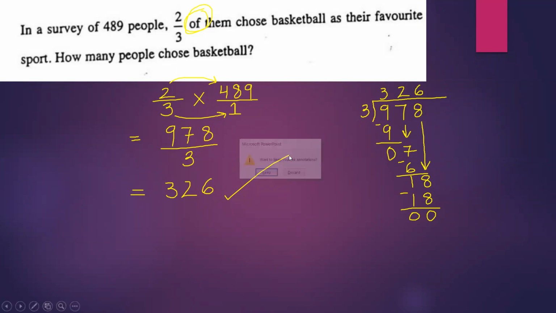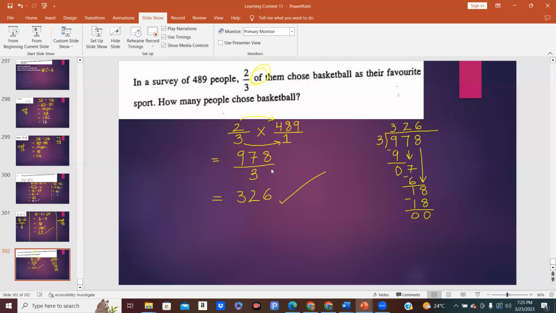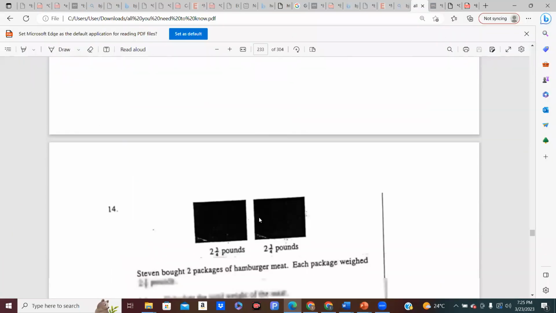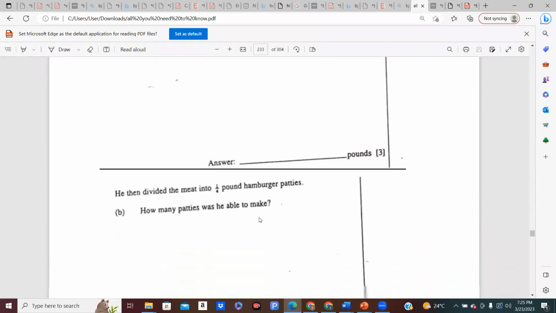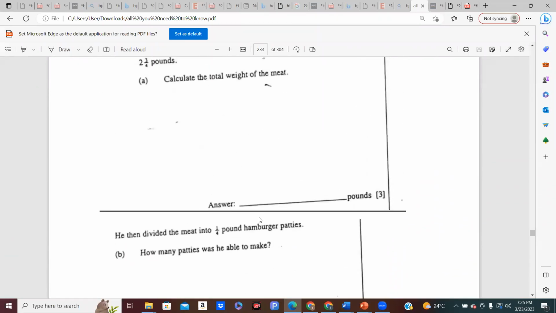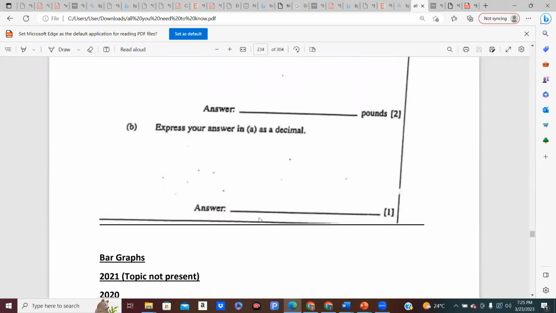All right, moving right along. Let's go to 2010. Mr. Petit, you could go back for one second, please. Sure.